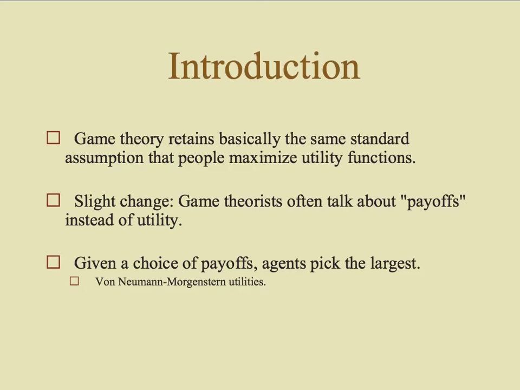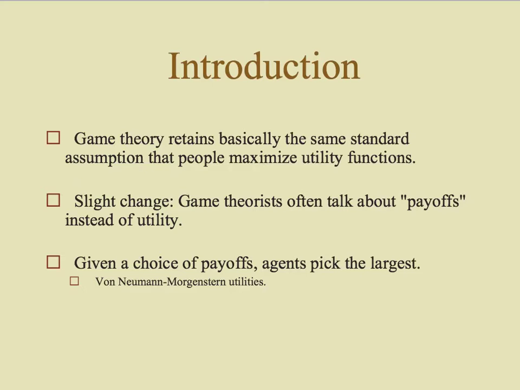We follow the incentive structure. The slight change to this is that game theorists often use the word payoffs instead of utility. There's a little bit of a difference here. The concept is basically the same though. Given a choice of payoffs, the agents pick the largest payoff.